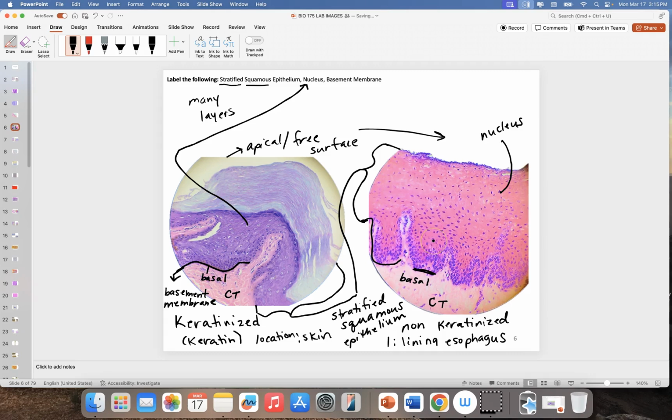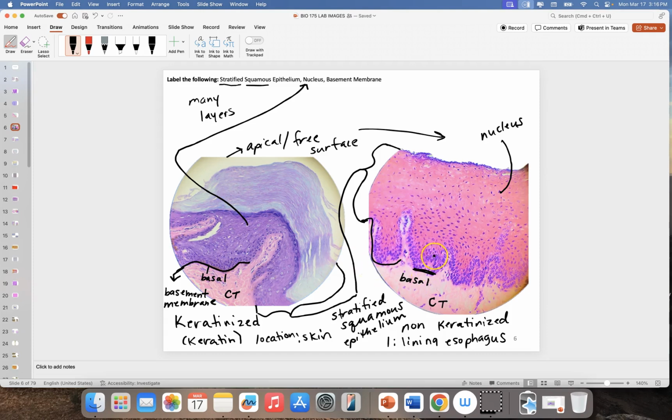Now, because we have many layers, what happens is as these new cells are being produced, because with epithelial tissue, that's another characteristic, it's always regenerating. And as we're making new cells on the basal side, we push the older cells up and up and up and up.